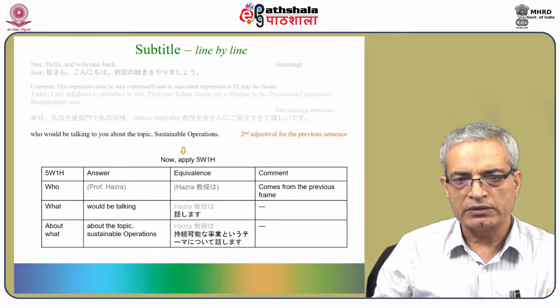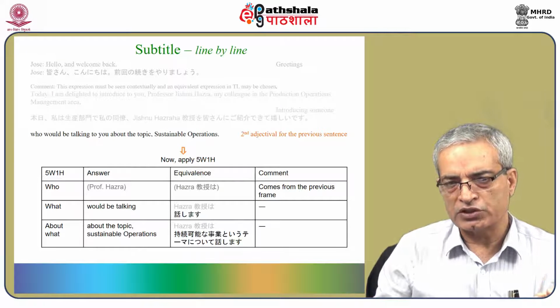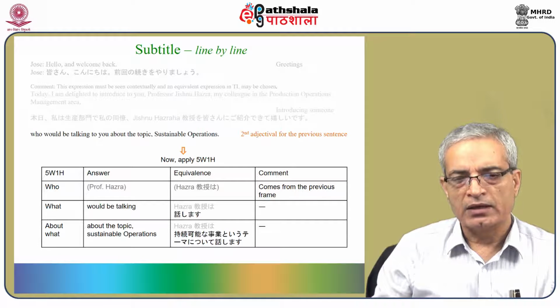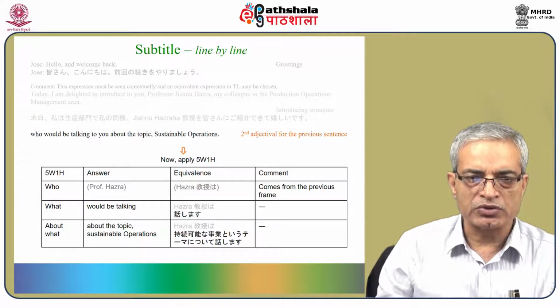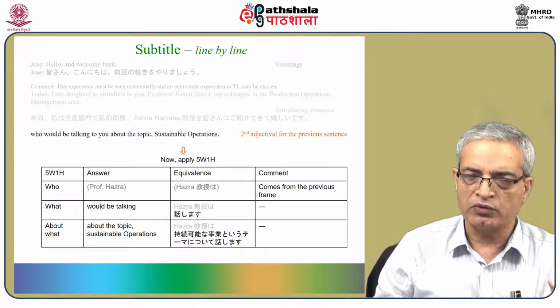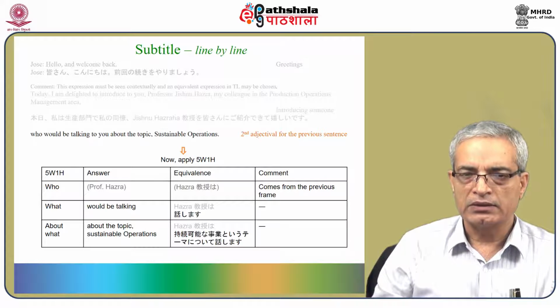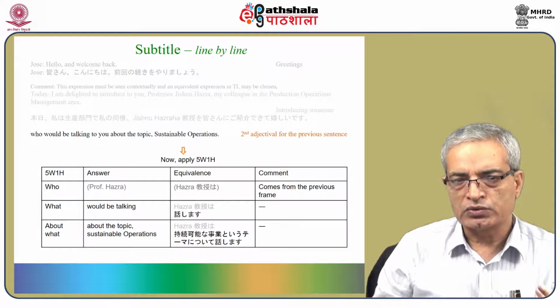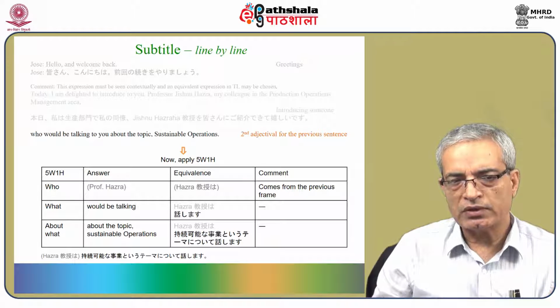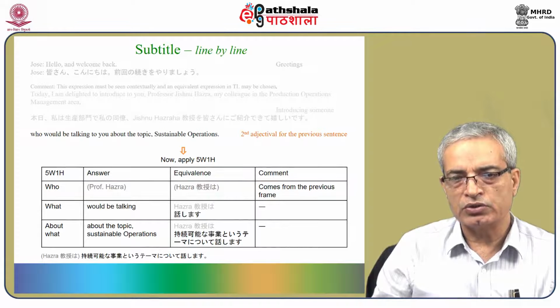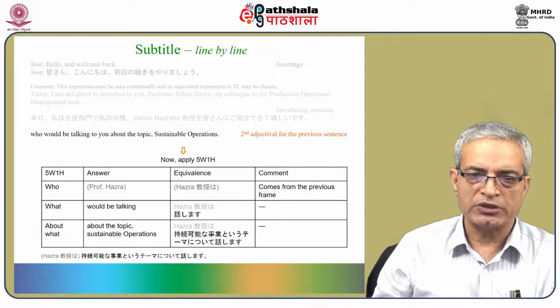Who would be talking? So hanashimasu, would be talking about what? About the topic, and that topic is sustainable operations. You can break it into two also, but if you understand them, about the topic sustainable operation. So jizoku kano na jigyo toyu tema ni tsuite. So Hazara Kyoju wa jizoku kano na jigyo toyu tema ni tsuite hanashimasu.